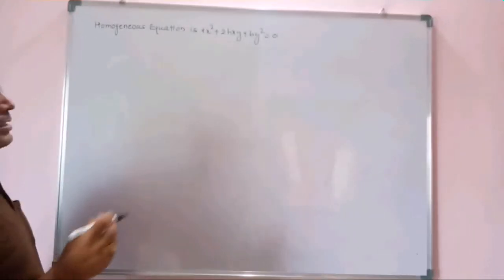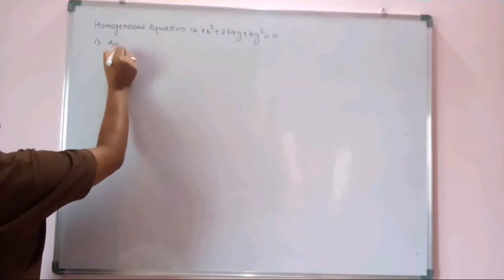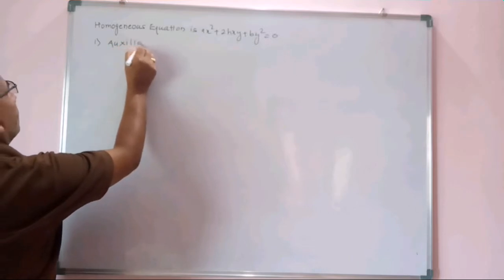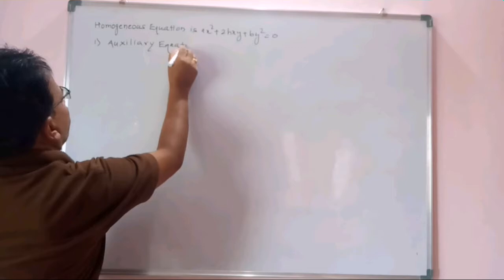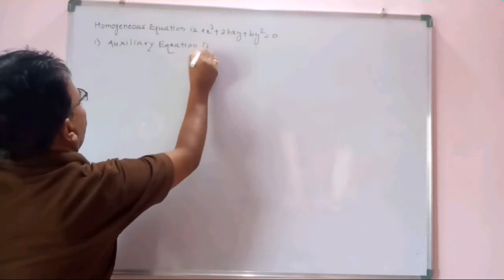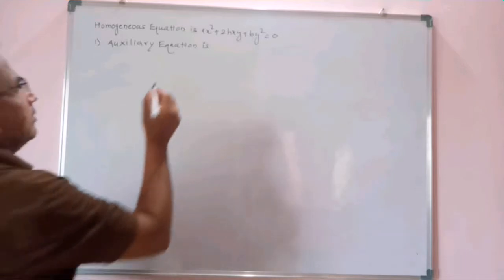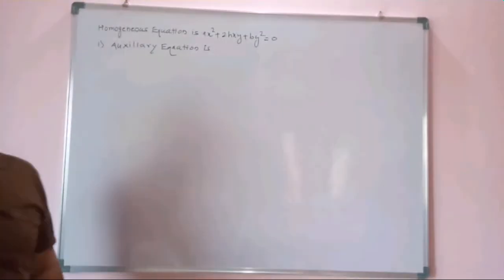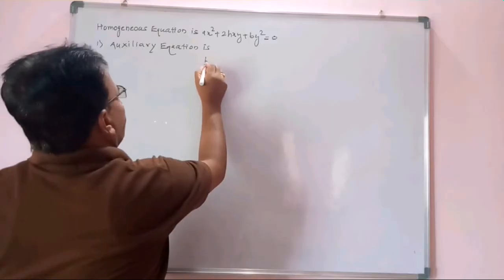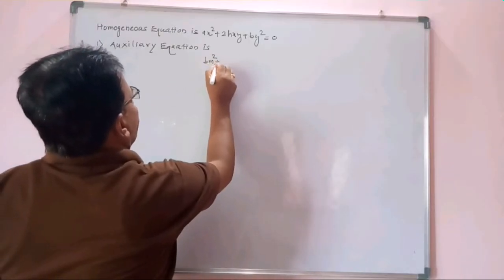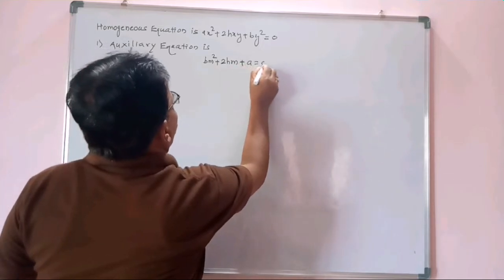The first condition is the auxiliary equation. The auxiliary equation of the homogeneous second degree equation is bm square plus 2hm plus a equal to 0.